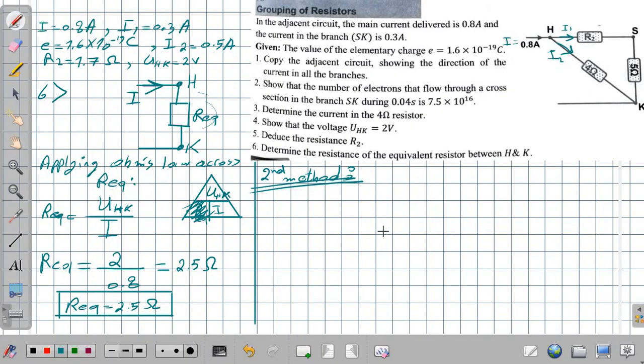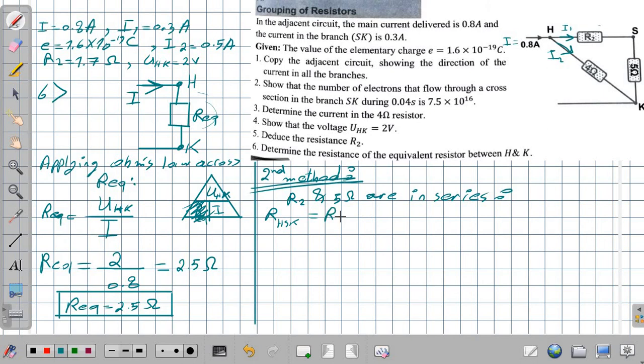So حنكتب انه ال R2 and 5 ohm resistor are in series، نجمعهم مع بعضهم. ال R2 خلينا نسميها او ال branch HSK، سجلنا اسم البرانش اللي عم نعمل له R equivalent.